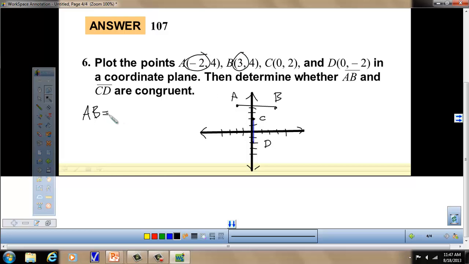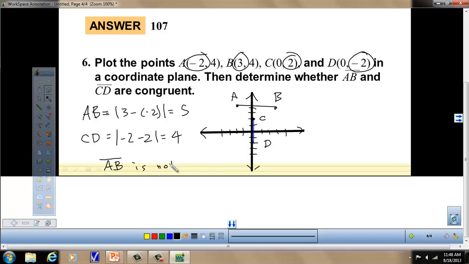So we would say AB is equal to the absolute value of 3 minus a -2, which is 5. And for CD, we would take these two values. So we would say the absolute value of -2 minus 2, and that's the absolute value of -4, which is 4. Therefore, AB is not congruent to CD.